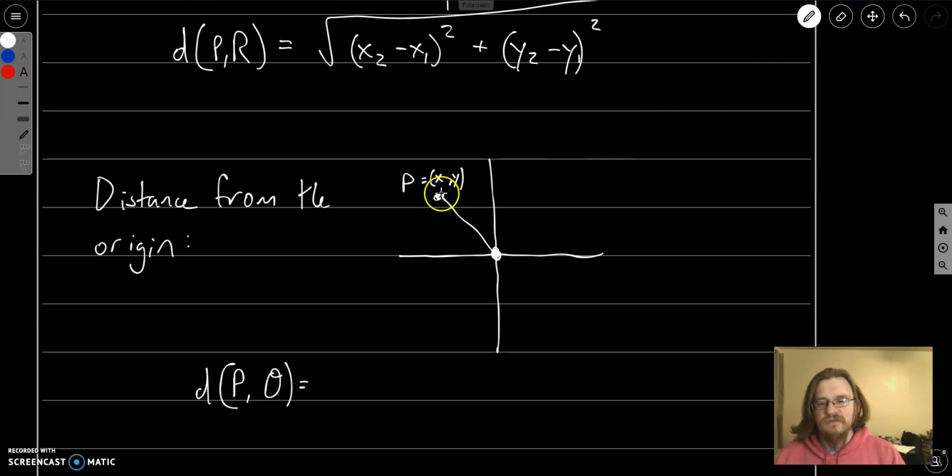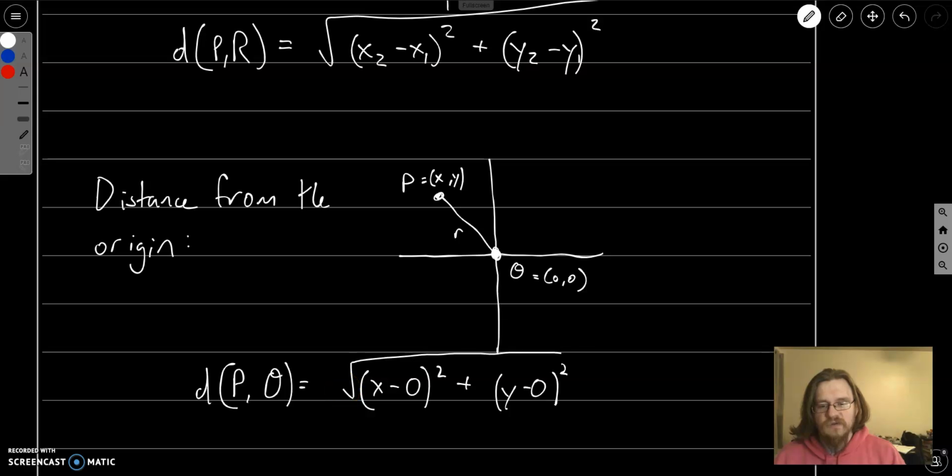And luckily, it's pretty easy to use the distance formula when we're looking at the distance between a point and the origin, which I'll call script O. So the origin is just going to be 0, 0. If I want to find the distance between this point P and the origin, I'll call this distance r, for reasons that will become apparent in later sections. Then I can use this distance formula, and the distance will be the square root of x minus 0 squared plus y minus 0 squared.